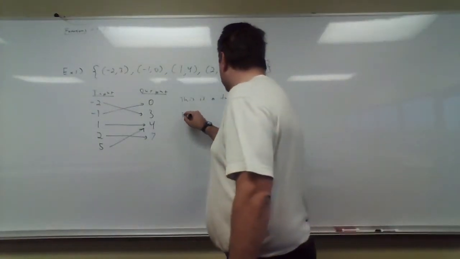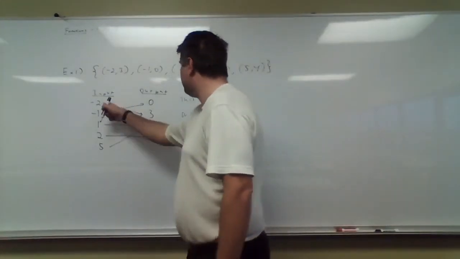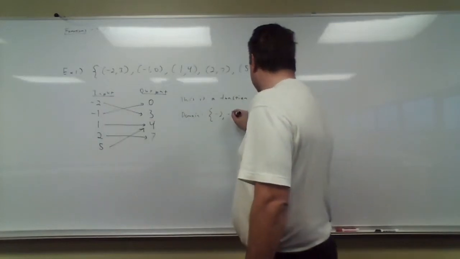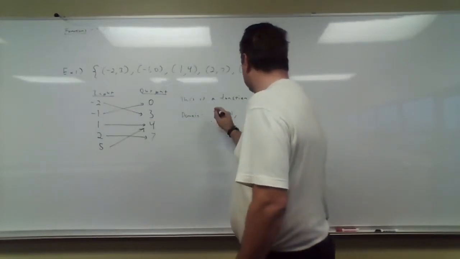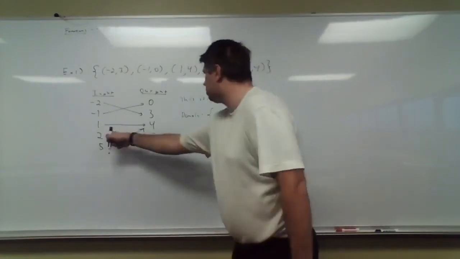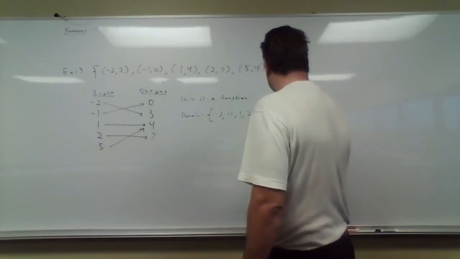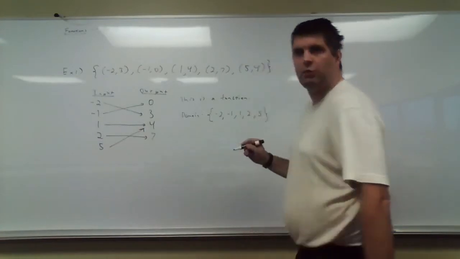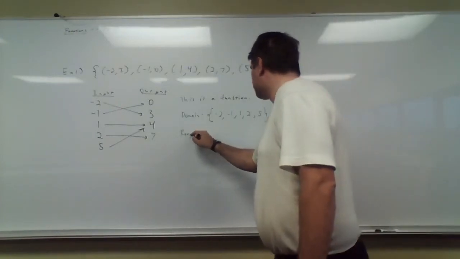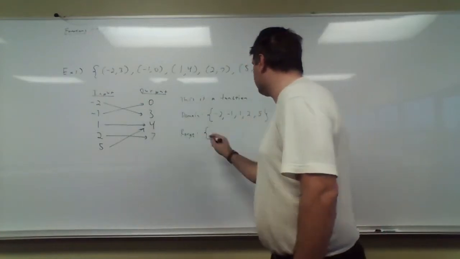So the domain would be -2, -1, 1, 2, and 5. The range is the outputs: 0, 3, 4, and 7.